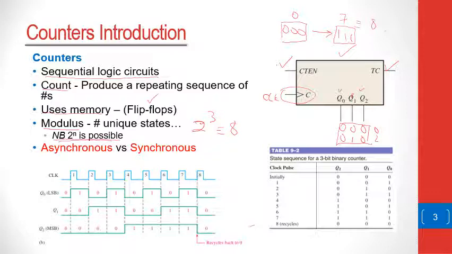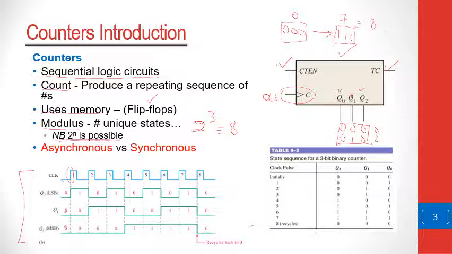So this is an example of a timing diagram of our 3-bit counter. If it's triggered by a positive edge, as you can see here, whenever there's a positive edge of the clock, the count changes. It starts at 0, 0, 0.